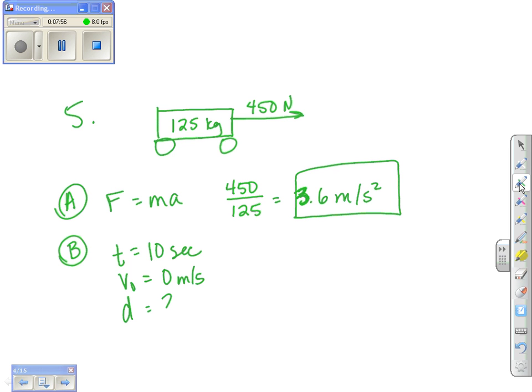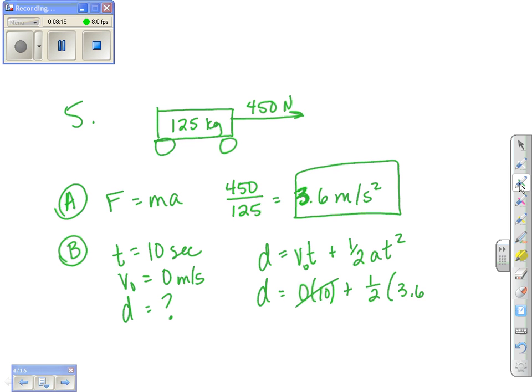We want to solve for D. We have a formula that says D equals V naught T plus 1/2 AT squared. So to solve for D, we would say 0 times 10 seconds, which you can cancel out, plus 1/2 times 3.6 times 10 squared. And when you do the calculation out for that problem, you should get 180 meters.